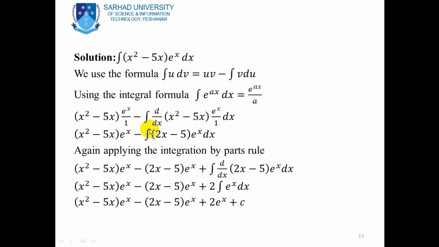And in the product of a polynomial and an exponential function, consider the polynomial as the first function and the exponential as the second function. And in the case of a product of an exponential and a trigonometric function, we can consider either the exponential function or the trigonometric function as the first function.